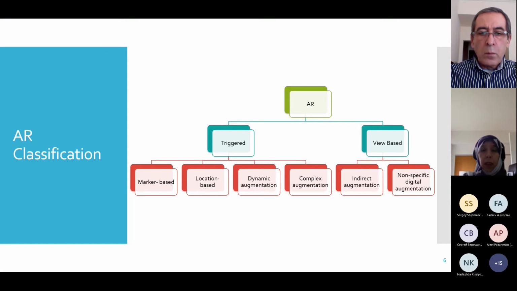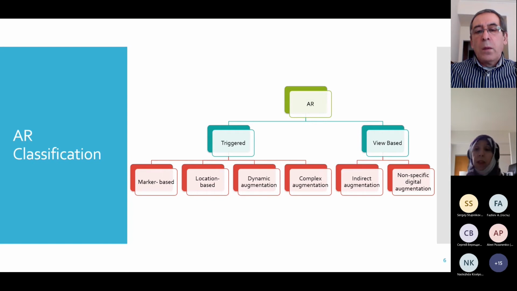This is available in many areas and uses, such as museum displays. Then we have the location-based AR, which uses GPS location in order to trigger an AR experience. After that, there is the dynamic augmentation. For example, digitally trying on clothes and accessories with shopping apps is considered dynamic augmentation. And finally, for the triggered AR experiences, we have the complex augmentation, which is dynamic and allows viewing digital information from the internet directly.